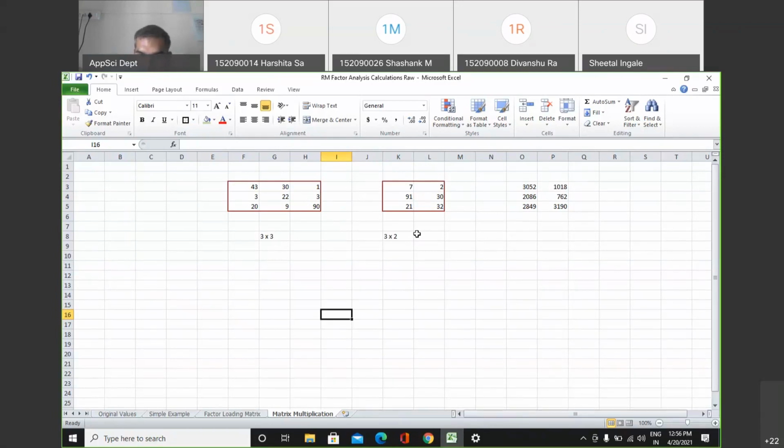Then we can multiply. The resulting matrix from a 3 by 3 matrix and a 3 by 2 matrix: the inner values match and go away, and the resulting matrix will be 3 cross 2. Did you understand what I said? So if it is a 3 cross 4 matrix, clear, right?